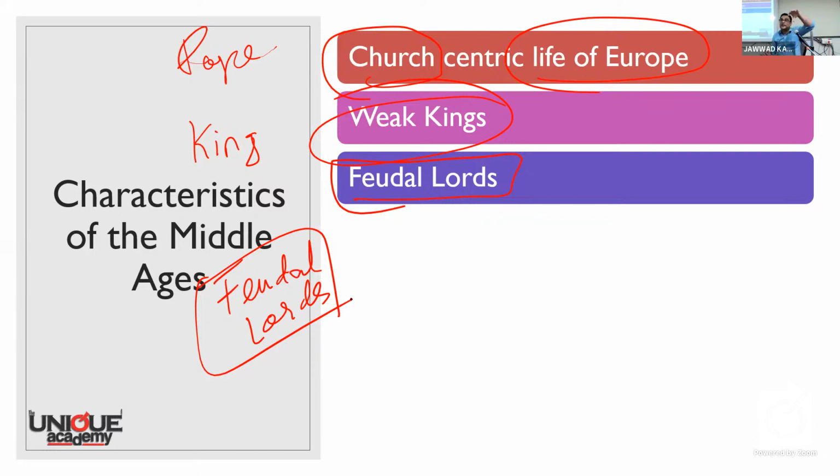Okay, these feudal lords built what were called as castles. आपने movies में देखा होगा, मराठी में जिसको कहते हैं ना गढ़ी, छोटा सा किला. They built these castles in hilly areas to protect themselves against any attack by their own king.